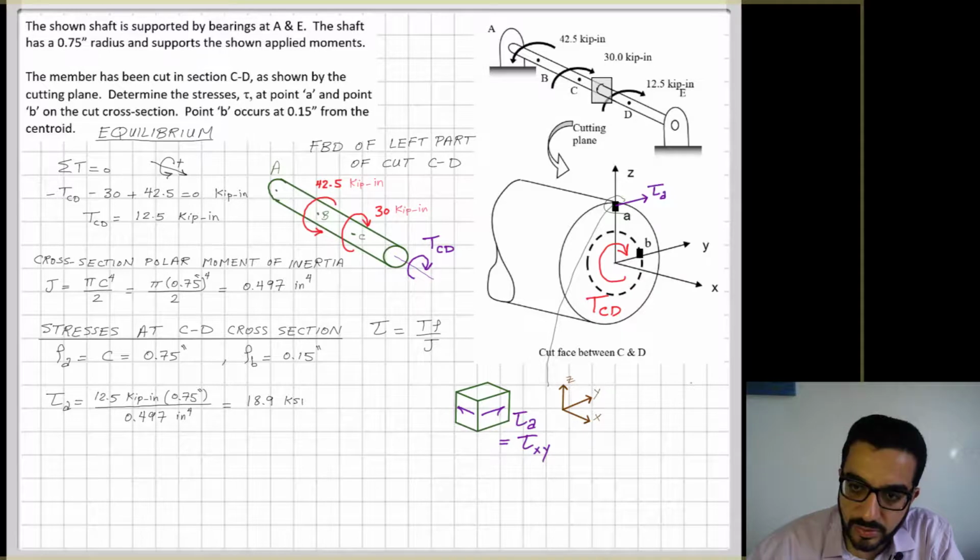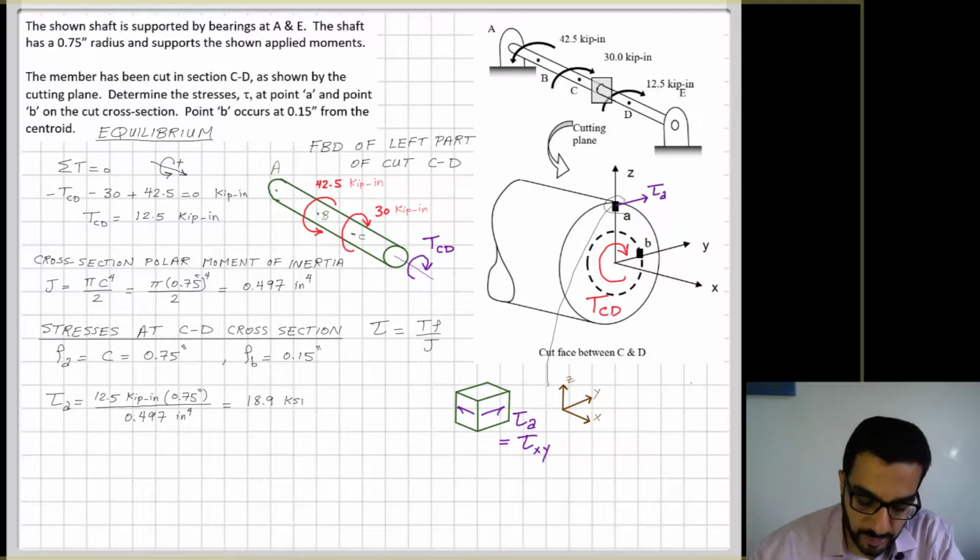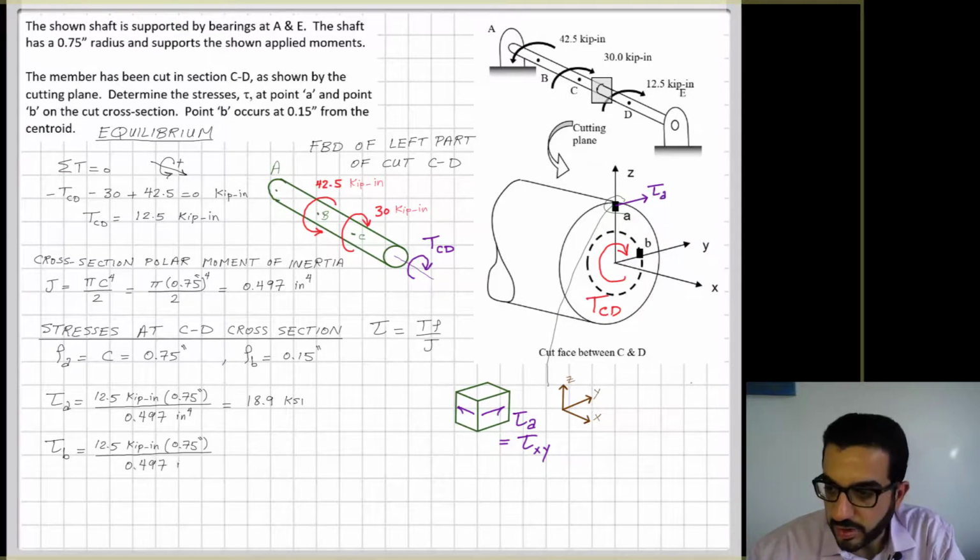Tau X, surface perpendicular to the X. Tau XY, Y here is the direction of that torque. And we also know that for equilibrium to happen at this point, there are other shear stresses developing around this block. That's how we comprehend the direction of that shear stress at point A.